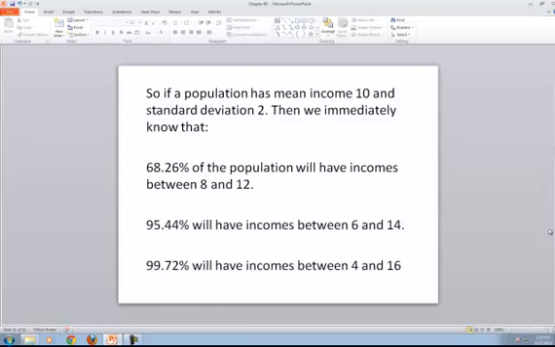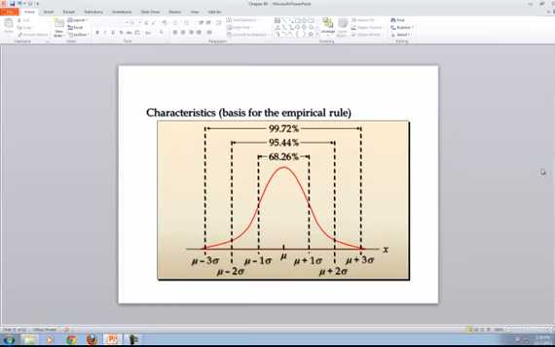And that is why between 6 and 14 you will find 95.44% of the population. Please take a moment to calculate for yourself and see why 99.72% will have incomes between 4 and 16. This is just the graphical depiction of the empirical rule that we have described and illustrated.